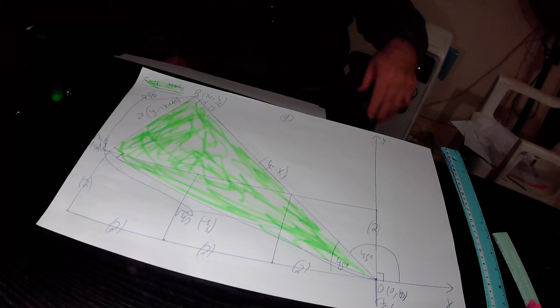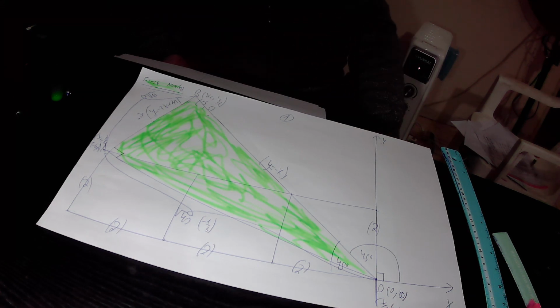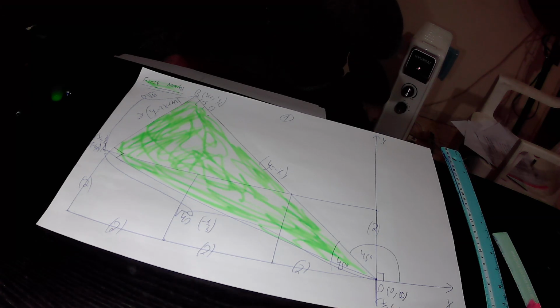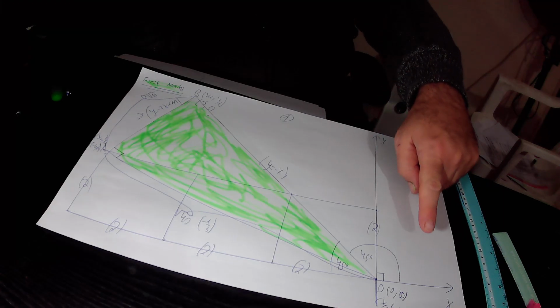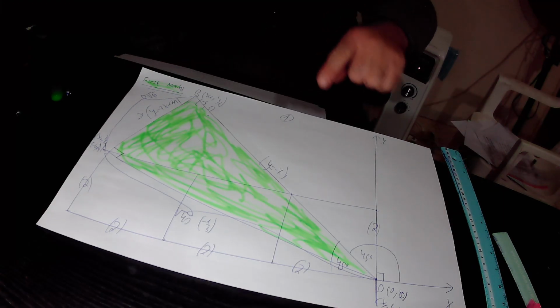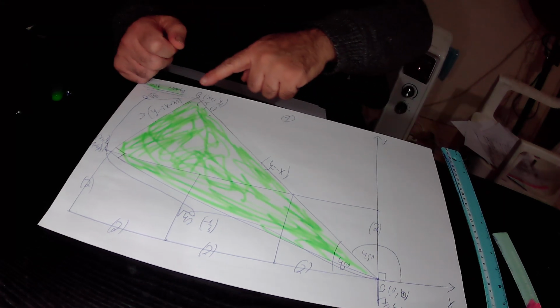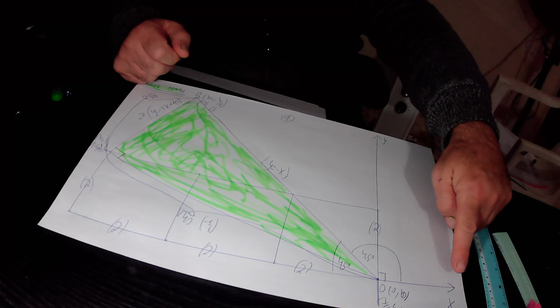Point B is unknown, we don't know the coordinates of point B, so we define the coordinate x as x1 and the coordinate y of point B as y1. And the slope of a straight line is equal to the tangent of the angle that it creates with the positive side of the x-axis.